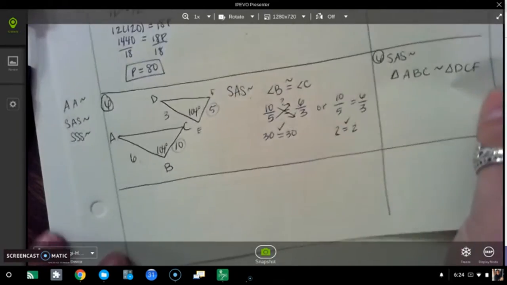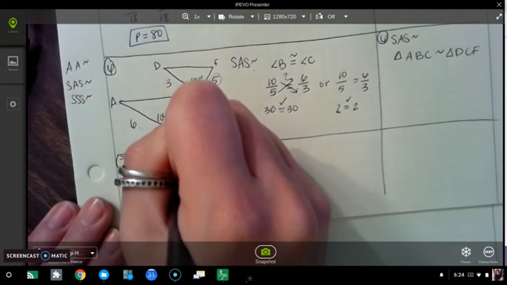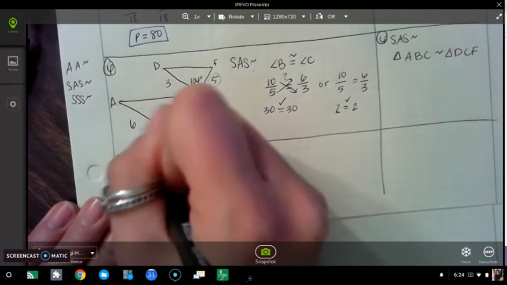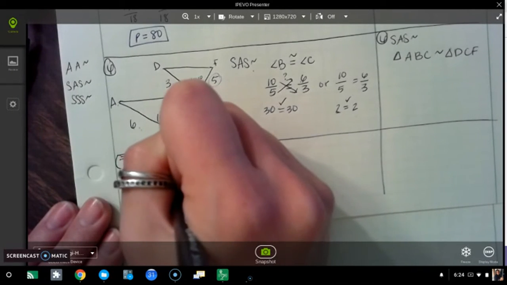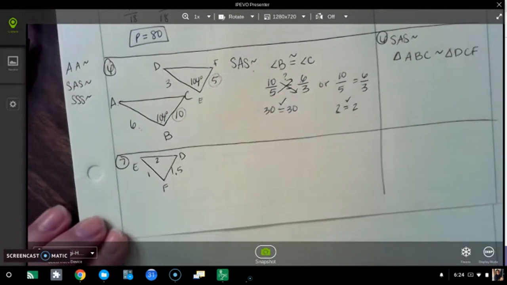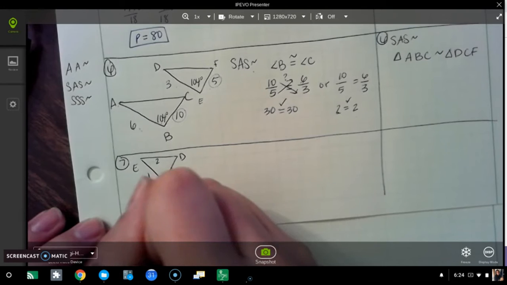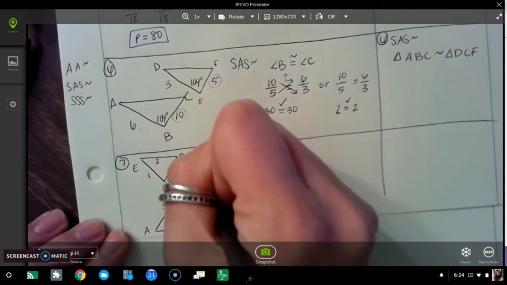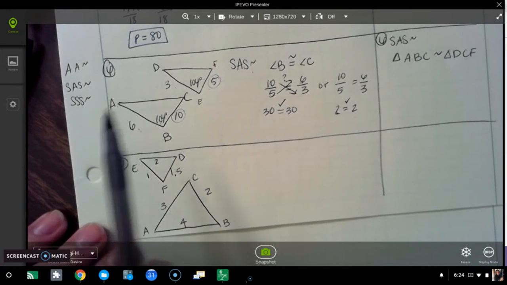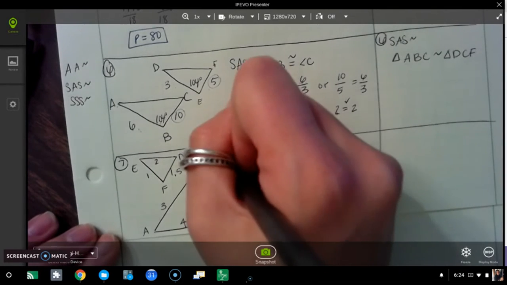In our next one, 7. E, this is 2, 1, F. Okay, I don't have any angles in here, so I can use side-side-side.